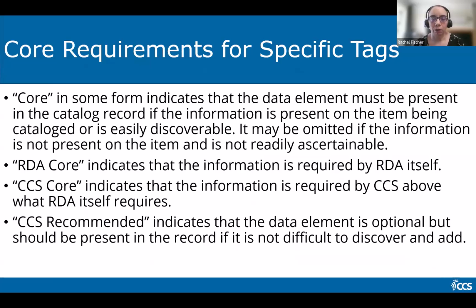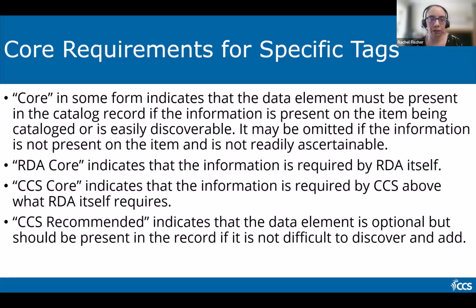The core column includes both RDA core, CCS core, and CCS recommended. Core indicates that the data element must be present in the catalog record if the information is present on the item being cataloged or is easily discoverable.